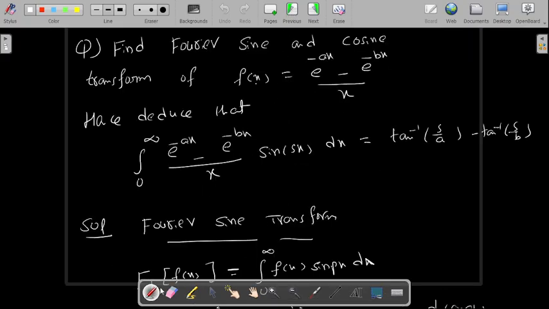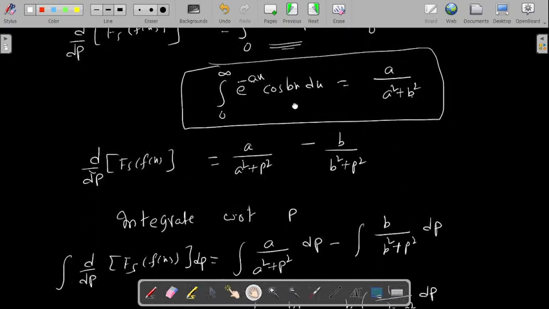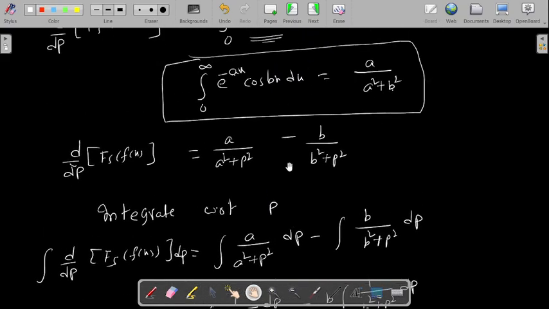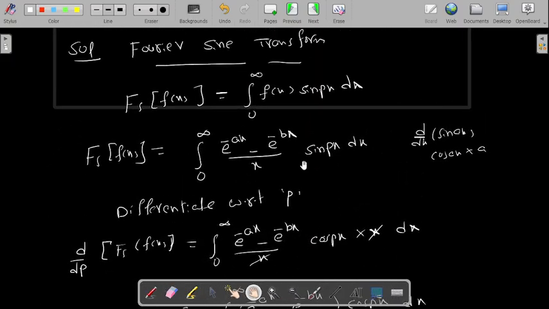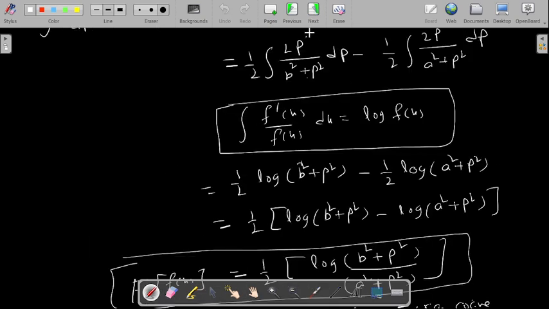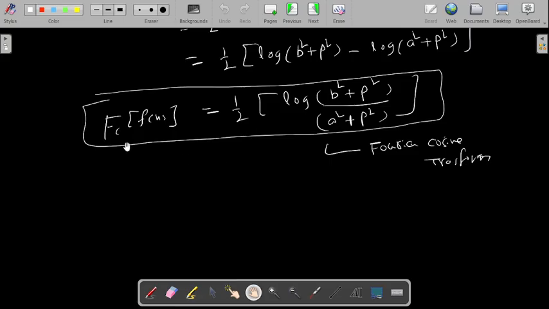So observe, this question is a long question. First find the Fourier sine transform. Okay, this is a Fourier sine transform. Next, what they asked: the cosine transform. We got this cosine transform, Fc means cosine transform, 1 by 2 log.